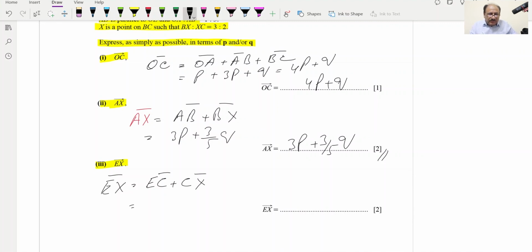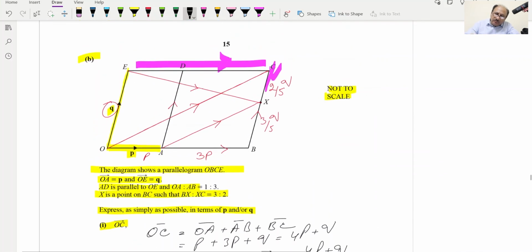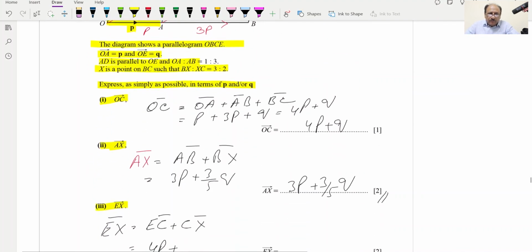So EC is basically the same as 4P. So 4P plus, not plus, will be minus direction 2 by 5Q. This will be minus direction. This direction we require, but it has the opposite direction, so we'll take minus of 2 by 5.